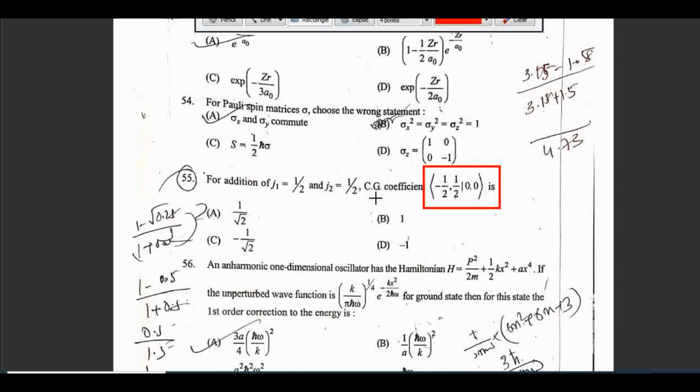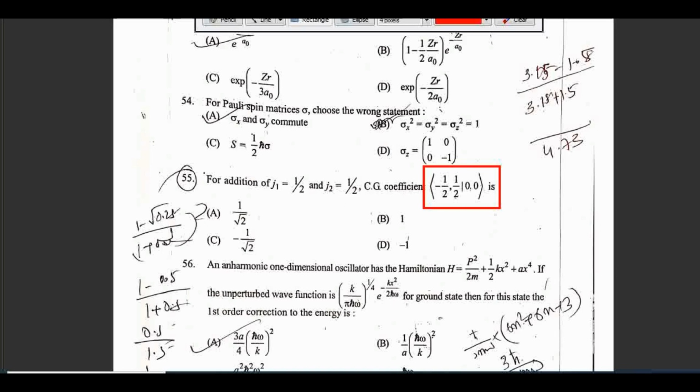It is what you get when you transform from one basis to another basis. The coefficient that you multiply with the other basis, and with that multiplication we get a new basis, is the Clebsch-Gordan coefficient. It's nothing but a matrix.